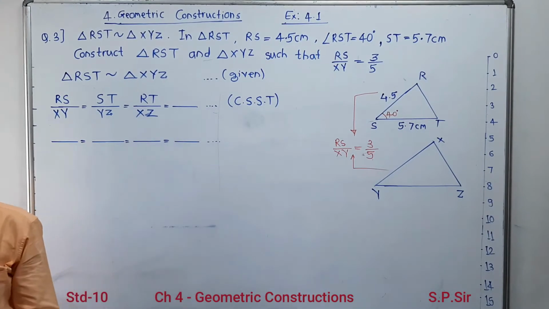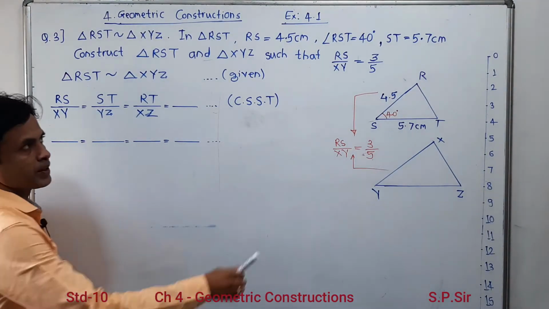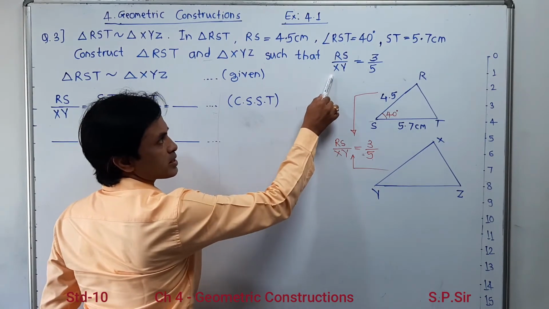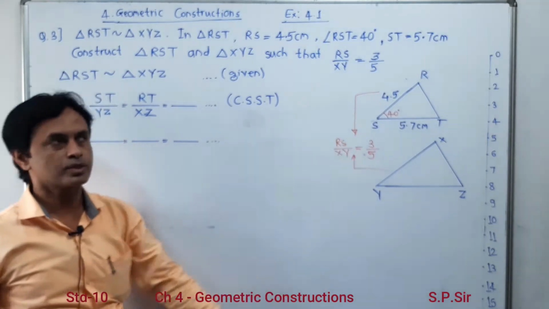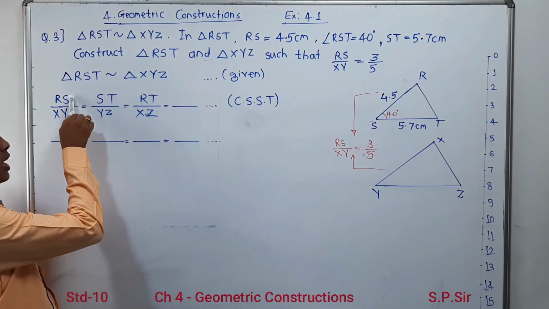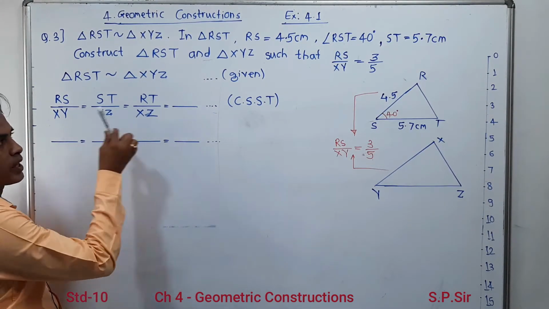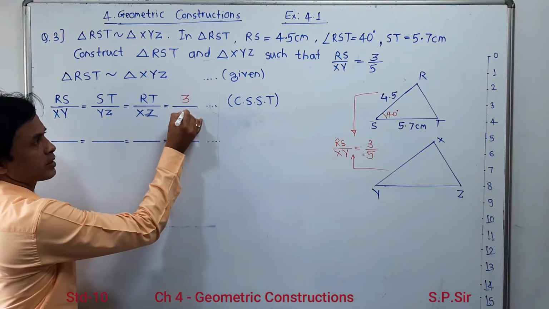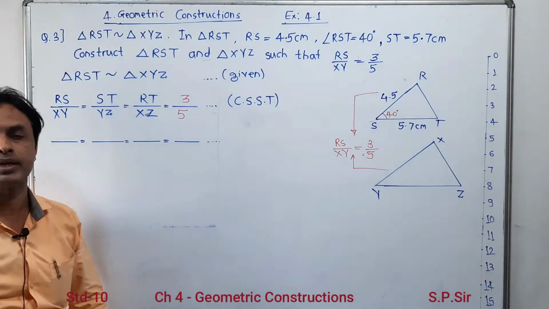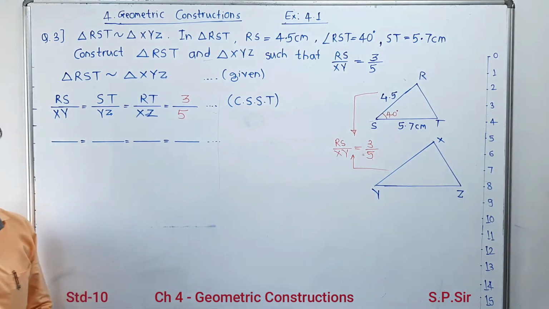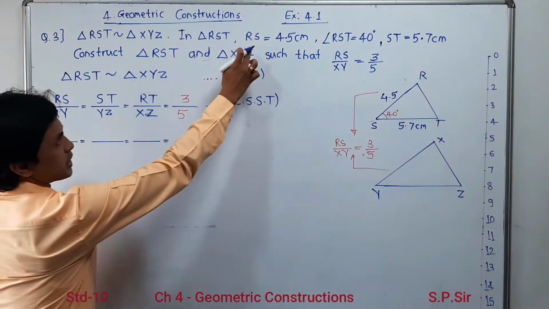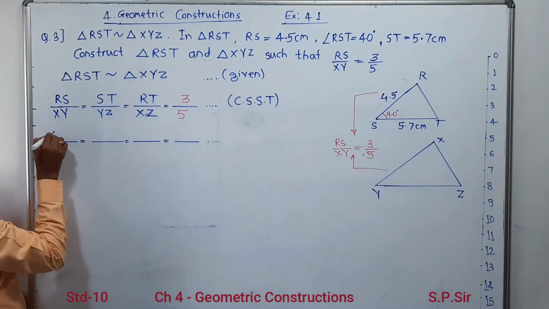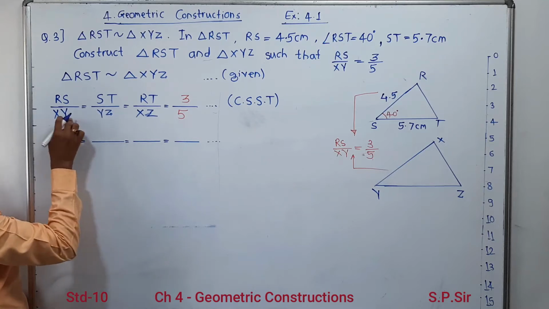But in this case, the additional part that they have given is RS is to XY is 3 is to 5. And this is the main turning step. Now one by one, next evaluation. They have also given some of the sides. RS is 4.5, so I am writing 4.5 divided by XY.